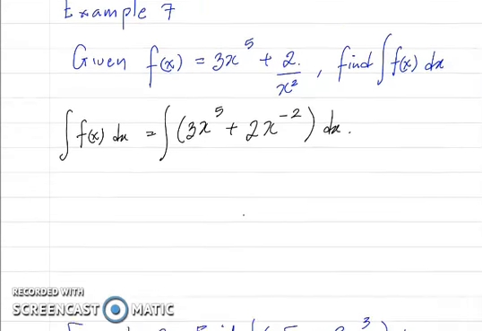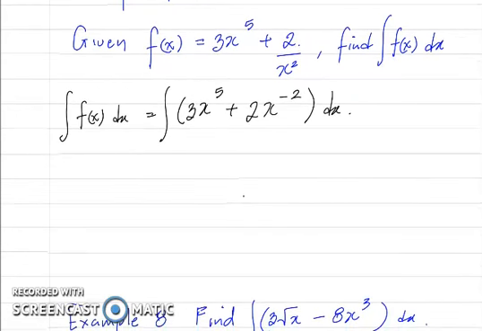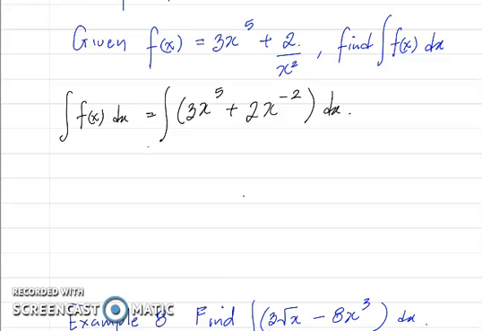This becomes 3 times the integral of x to the fifth plus 2 times the integral of x to the minus 2, with respect to x. Here we're just applying our integral theorems.